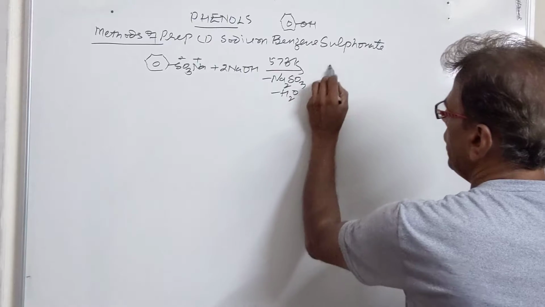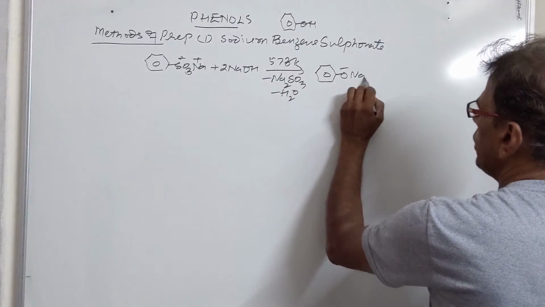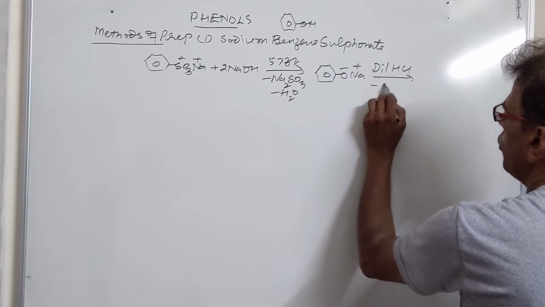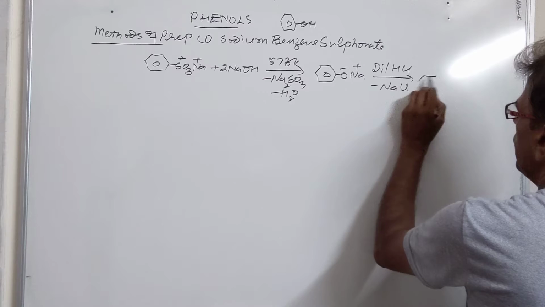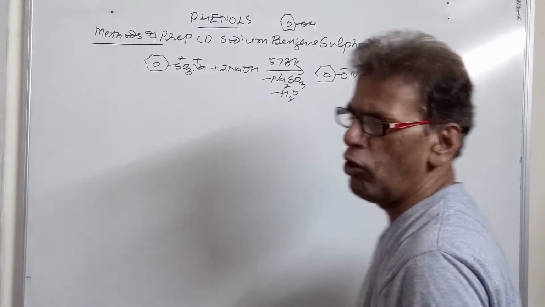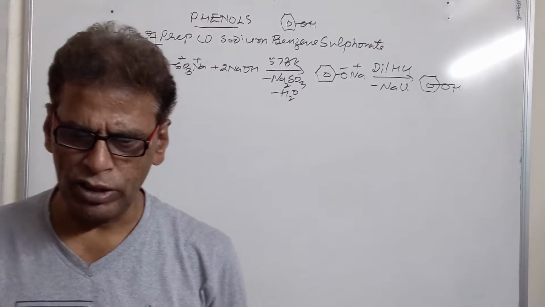Water is also eliminated and we get sodium phenate or sodium phenoxide. It is treated with dilute HCl to remove NaCl and we get phenol. So this is the first method of preparing phenol, that is from the sodium salt of benzene sulfonic acid.